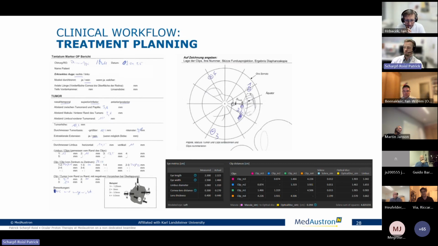We did a verification of both, so we compared, of course. We don't get additional information from the MR without artifacts, and of course the registration cannot be as precise without the clips, because even though we could register based on the lens and the optic nerve partly to the CT, the optic nerve has a high tolerance in the CT.